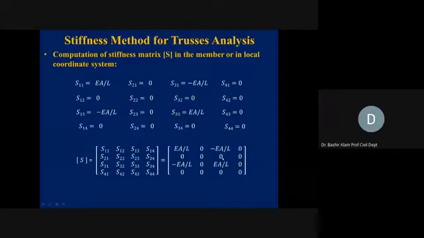Third, we have minus 1, 0, 1, 0, and then the fourth column is 0. So it is looking like a very simple matrix if we take out this EA over L. And this is the local stiffness matrix. This is the stiffness matrix. Here you can see computation of the stiffness matrix in the member or local coordinate system. So this is the configuration of a pin-jointed element.